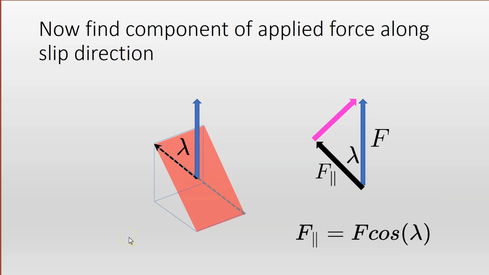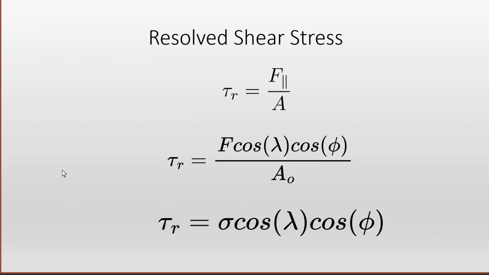Putting all this together, the critical resolved shear stress will be the force parallel to that slip direction divided by the area. We know that the area is going to equal A naught divided by cosine phi. F over A naught is equal to the applied normal stress to the sample.